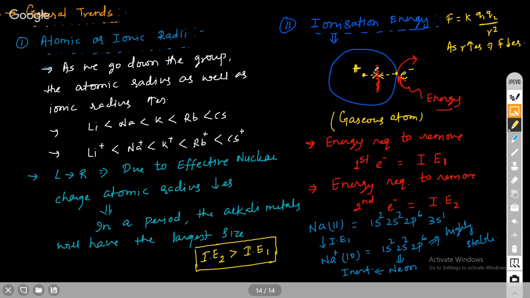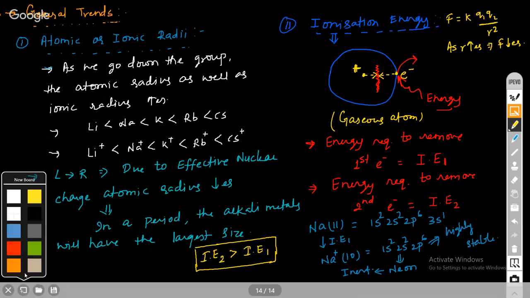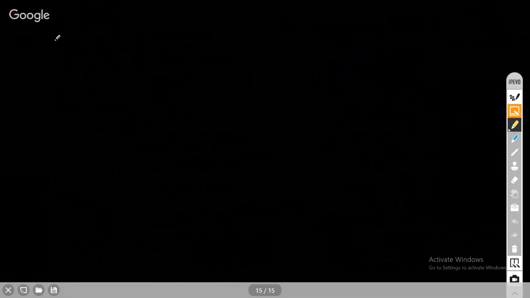When this force becomes weak, with less energy only you can remove electrons. So that's the next point you should write down.